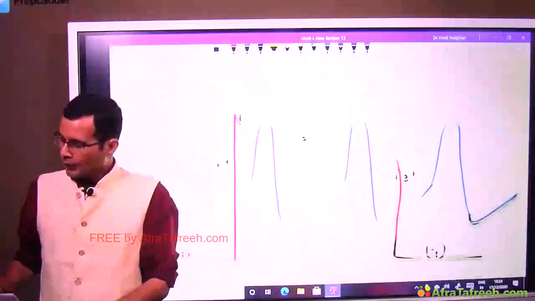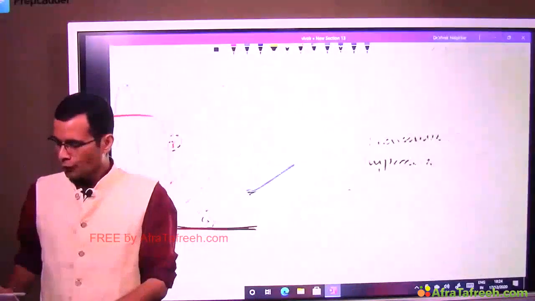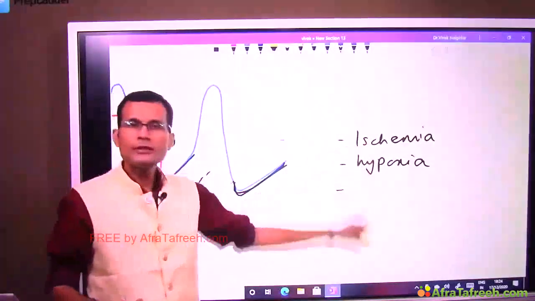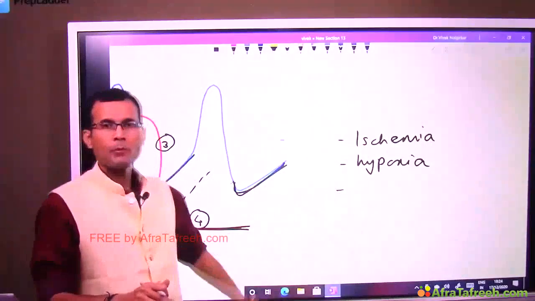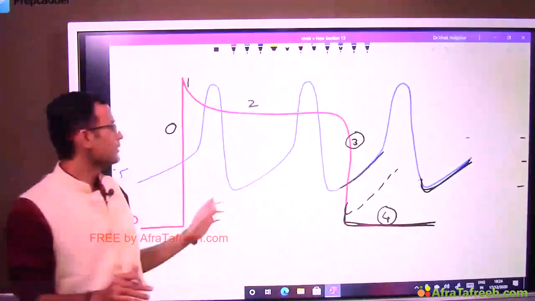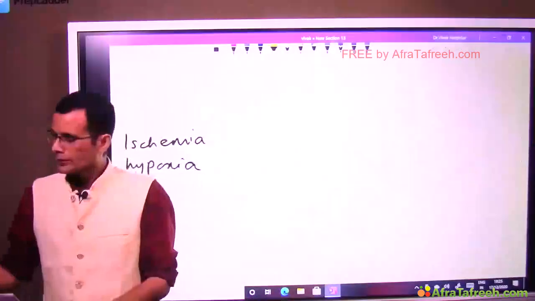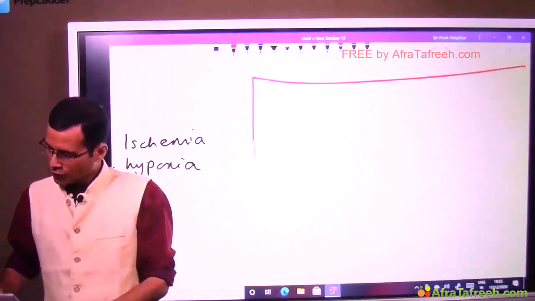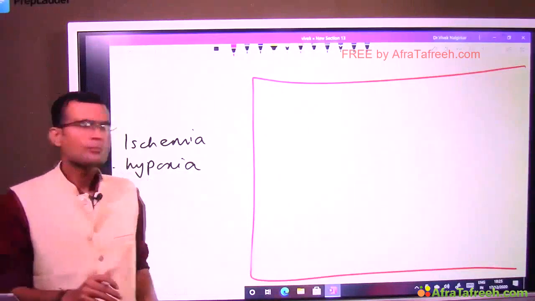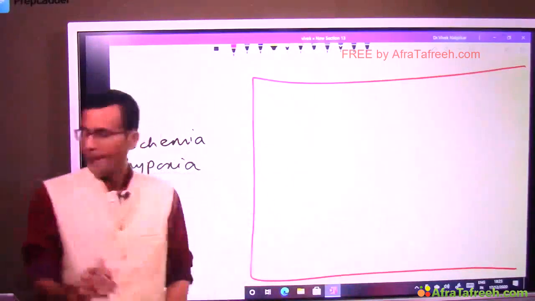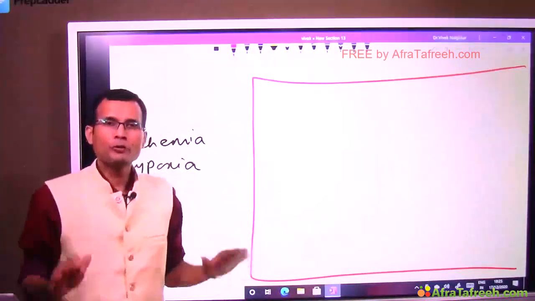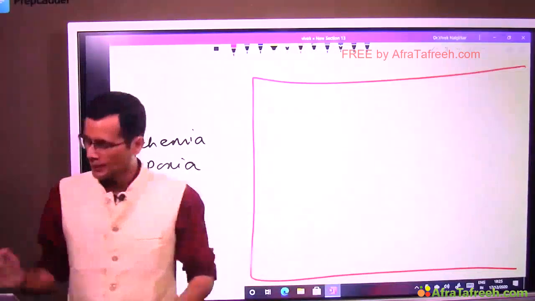Right, so the point that I was making was slope of phase 4, which can increase in these conditions like ischemia, hypoxia. Please remember these phases as well, 0, 1, 2, 3, 4. Since we are talking about the pathophysiologic basis for arrhythmias, I am writing it on the side. There are 3 pathophysiologic basis for arrhythmias.